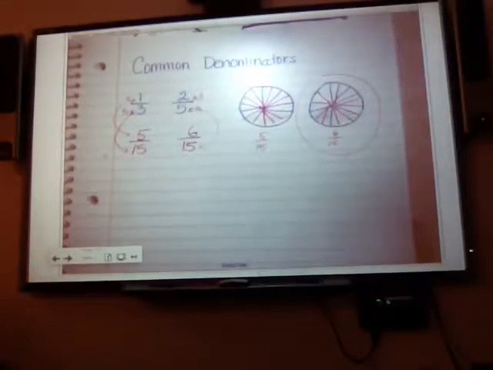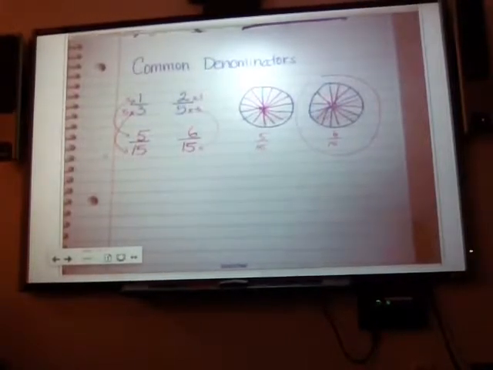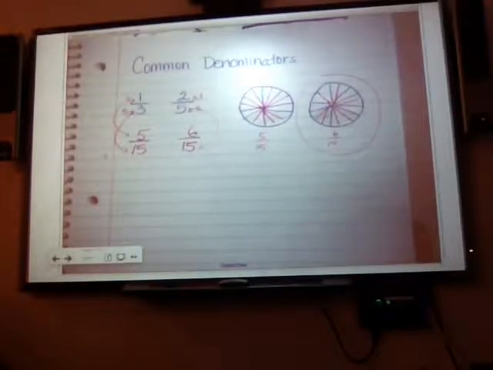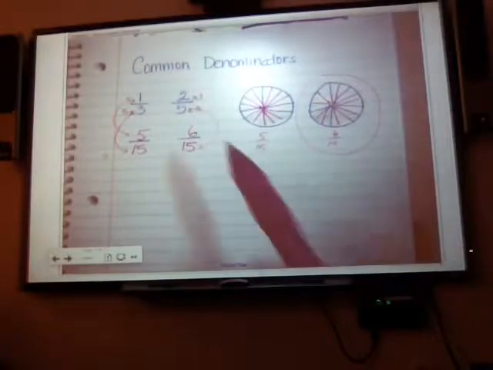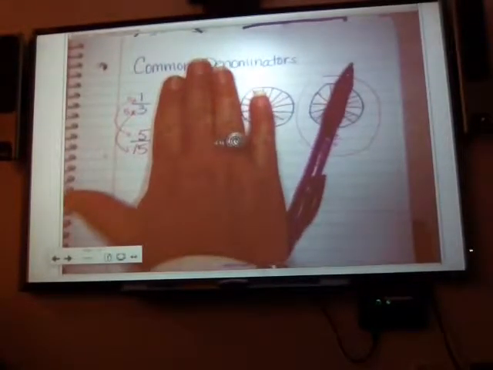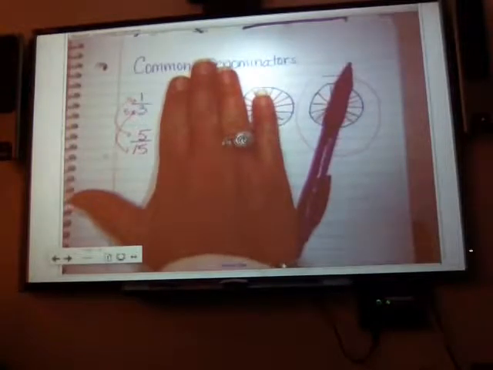Even though the pictorial representation I poorly drew didn't look that way. So you're asking yourself, how can I make them, and what denominators could they have in common when they don't have them in common to begin with? But what do we say about the relationship between 1/3 and 5/15? What do we call this?